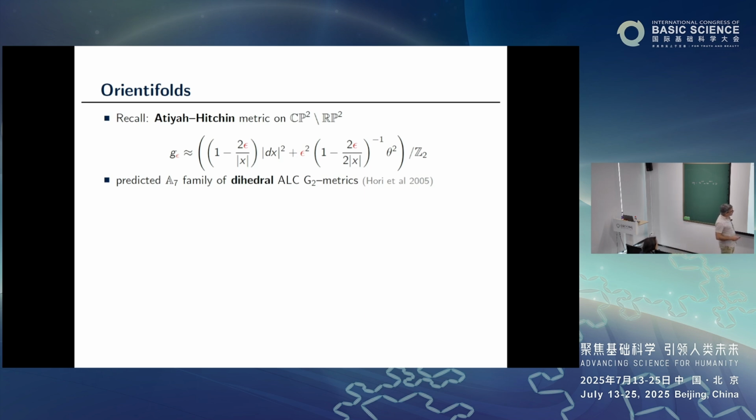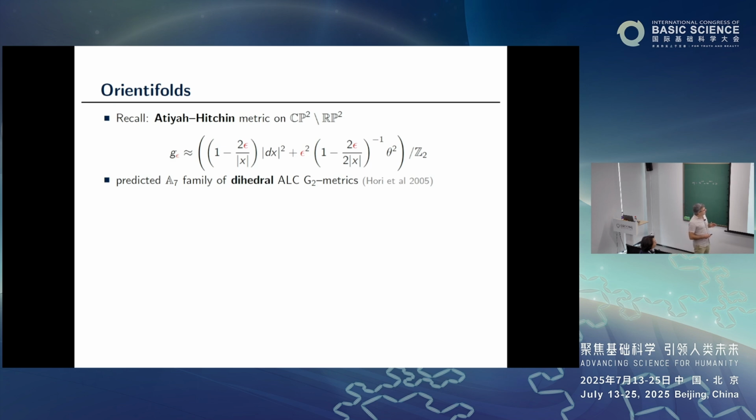And again, in physics works in the early 2000s, there's a predicted extra family called A7, for reasons that I'm not sure about, that is supposed to be some sort of M-theory uplift of an orientifold wrapped on the three-sphere of a deformed conifold.